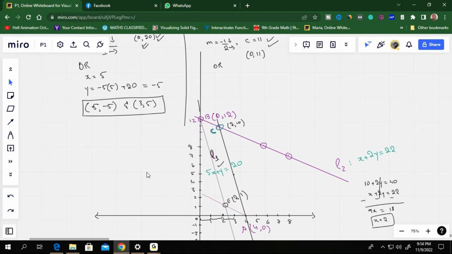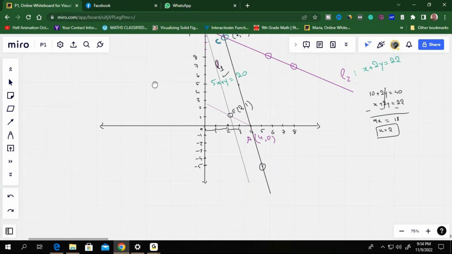So my work was fine, and if I just try to see on the graph, it is giving me the coordinates 2, 1. That's what I'm getting. Minus 2, 21 doesn't make any sense, because in that case the intersection is going to be located here. This is your 1 and this is your minus 2, and 21 is going to be far away right above here.